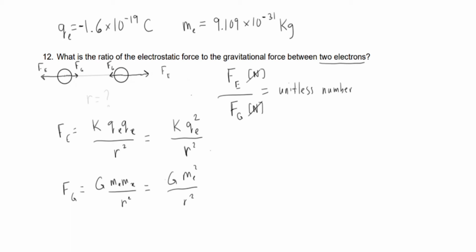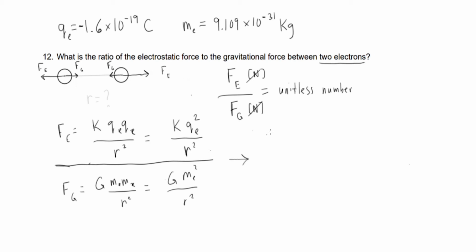Okay, but we still don't know the distance between them. In fact, the problem asks just for the ratio of the electric force to the gravitational force between two electrons given any radius. Now, the nice thing is that we're dividing the electric force by the gravitational force, so we're dividing these two equations.